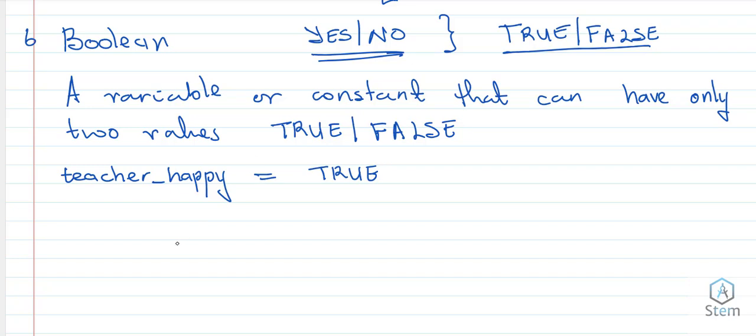Then lastly, we are going to look at when you want to store dates and time. What data type do we use when we want to store dates and time? It's called a date or time data type.